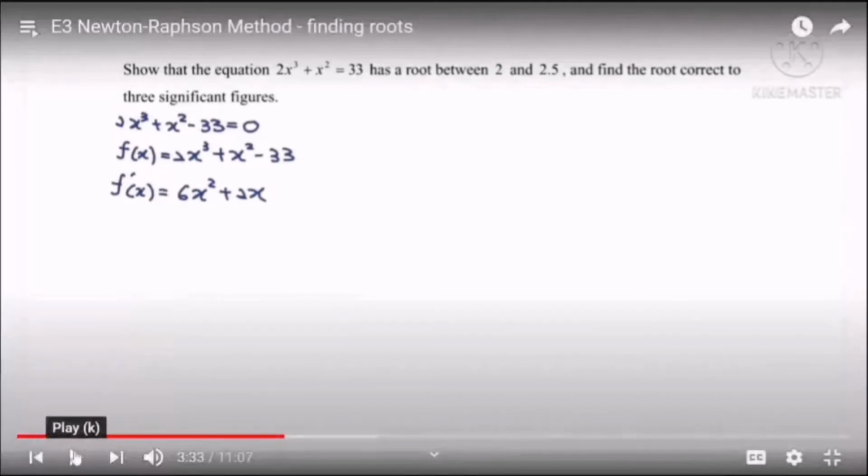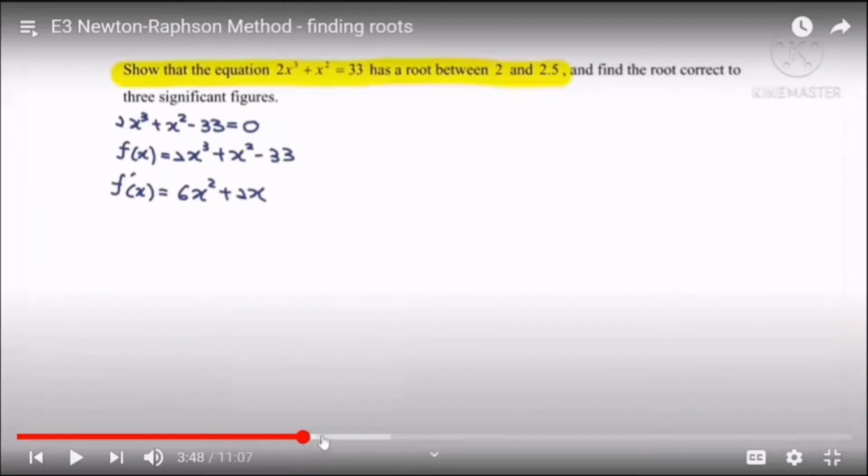Next one. Boleh? So sekarang you dah dapat you punya f(x), you dah dapat you punya f prime x. So soalan suruh saya show. Show. You boleh buat graph, you boleh guna sign change. Tapi nasihat saya adalah guna sign change, algebraic, laju sikit. So makna dia, saya nak ambil nilai 2 ini, saya substitute dalam f(x).